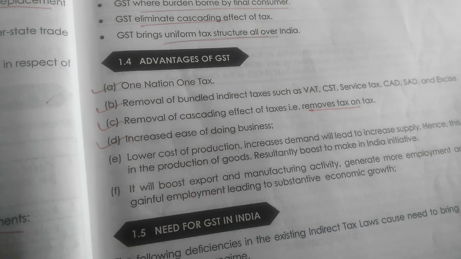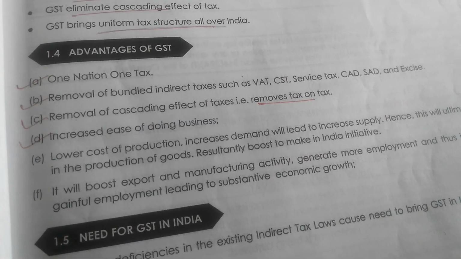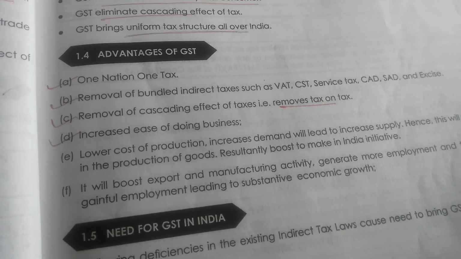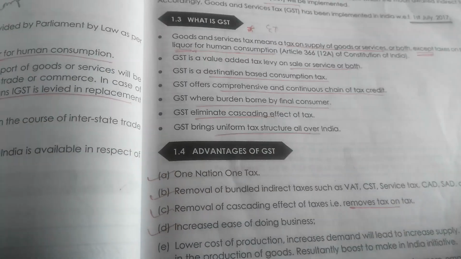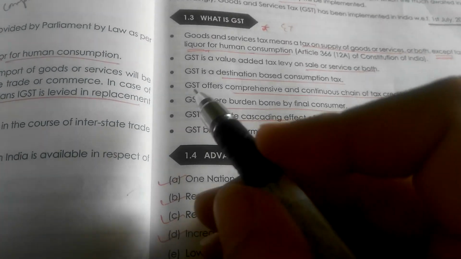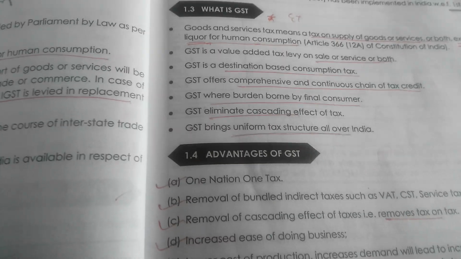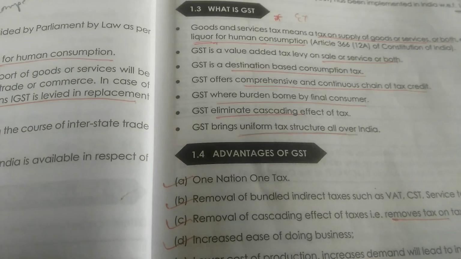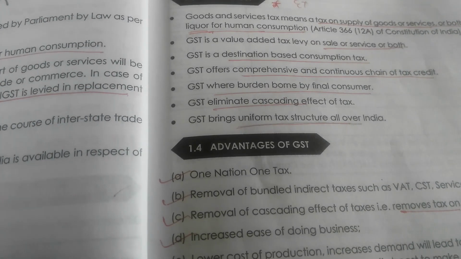Just remember this. The GST model itself was created on a destination basis only, because GST is totally dependent on destination. That is why they asked the question. It is very important. Maybe there is a possibility they will ask it again; they already asked in June 2018, maybe December, maybe they will, maybe not, but it is very easy, so just remember it.